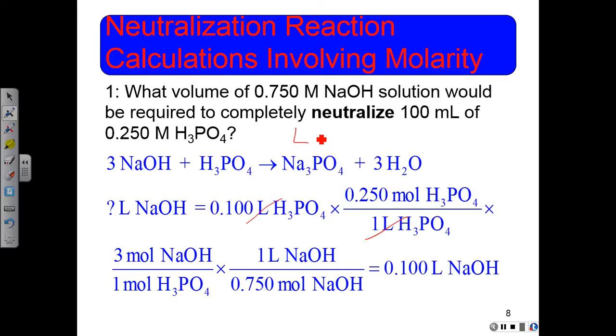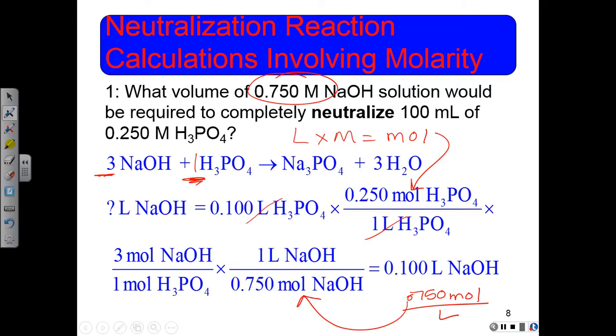Basically we did liters times molarity equals moles in our first step. Here's our mole to mole ratio in the second step. And then last, we plug in our 0.750 moles per liter. That was up here, but we flip it around and put it there. So our moles cancel, and we're left with liters.